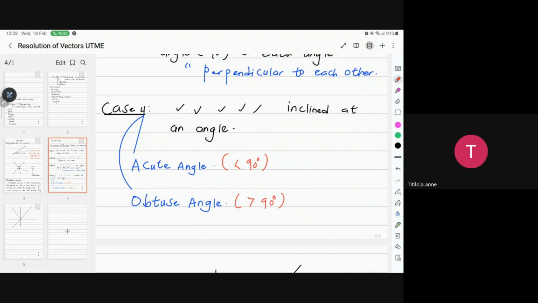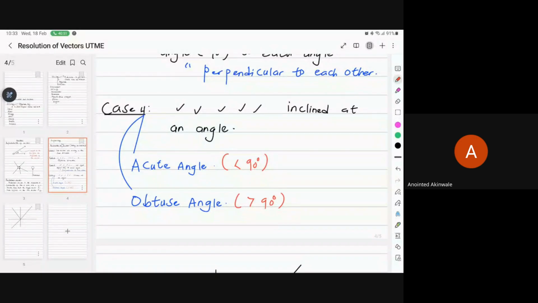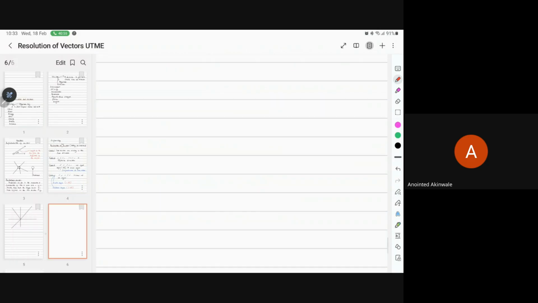All right. So remember that greater than 90 but less than 180, that should be your obtuse. So that's for case 4, right? So before I talk about the first case, let's talk about what we call a parallelogram law. You know about your parallelogram, then you have the law at the back, right? That will help us to get the resultant. Okay, before then, let me talk about the first case.